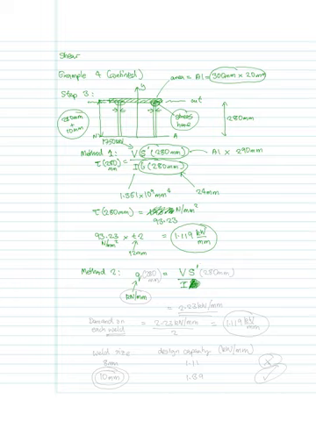Q would also be calculated at 280 millimeters, and we would have worked that value out, and it would have come out to be 2.23 kilonewtons per millimeter.